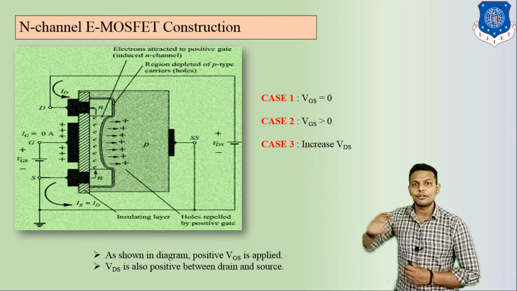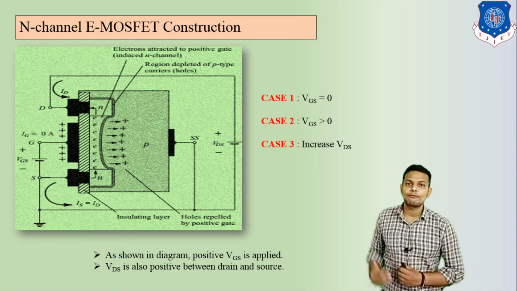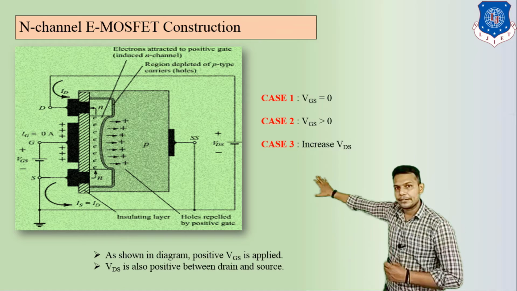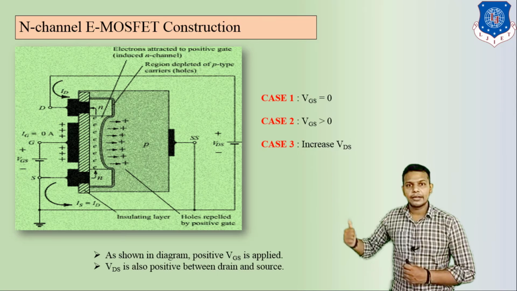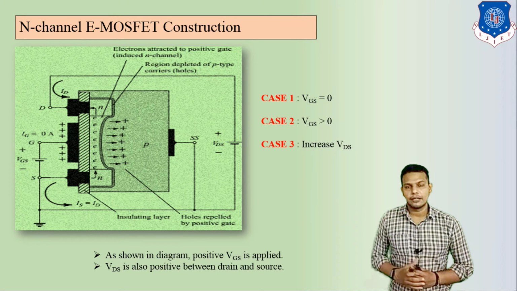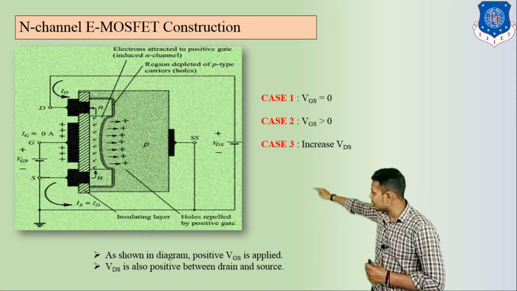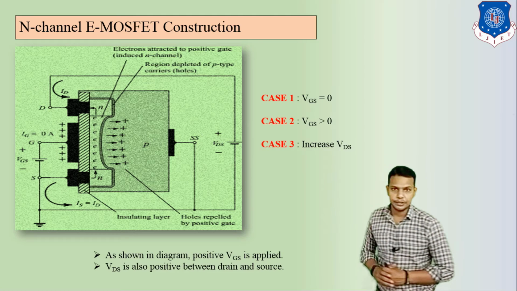That means if we increase VGS more and more on the positive side, more charge carriers are attracted towards this side. Due to this, a channel is generated. In this figure we can see the generation of a channel between the drain and source regions.